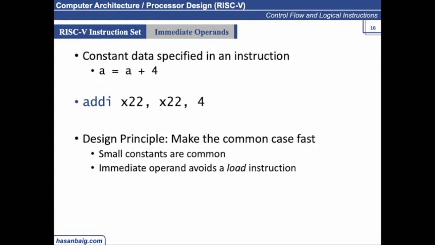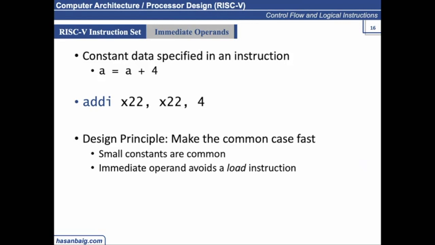Yep. So in this case, the second value that you're talking about that's constant, that's the 4. Right? That's the 4, yes. And then A is the register, the variable, which is assumed to be x22 in this case. So the value of A is stored in x22.